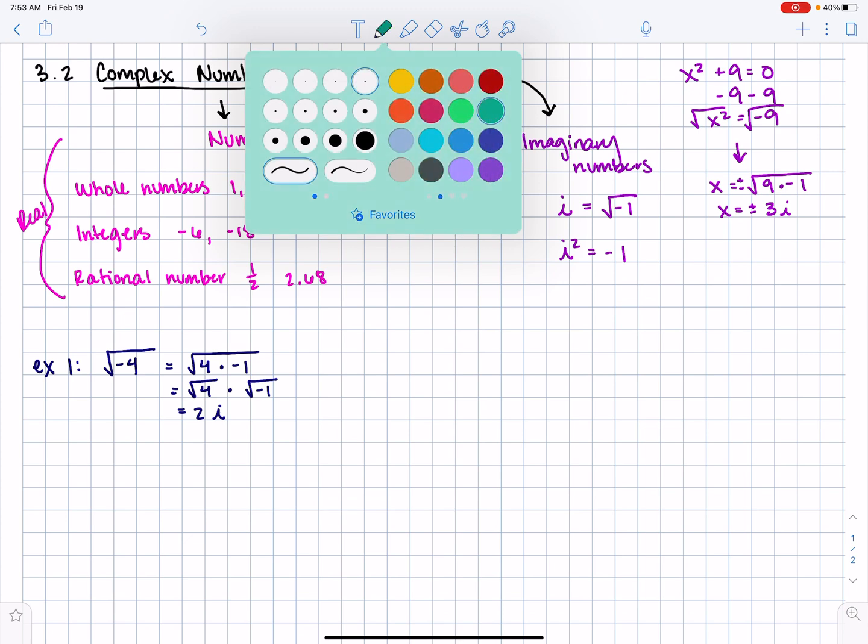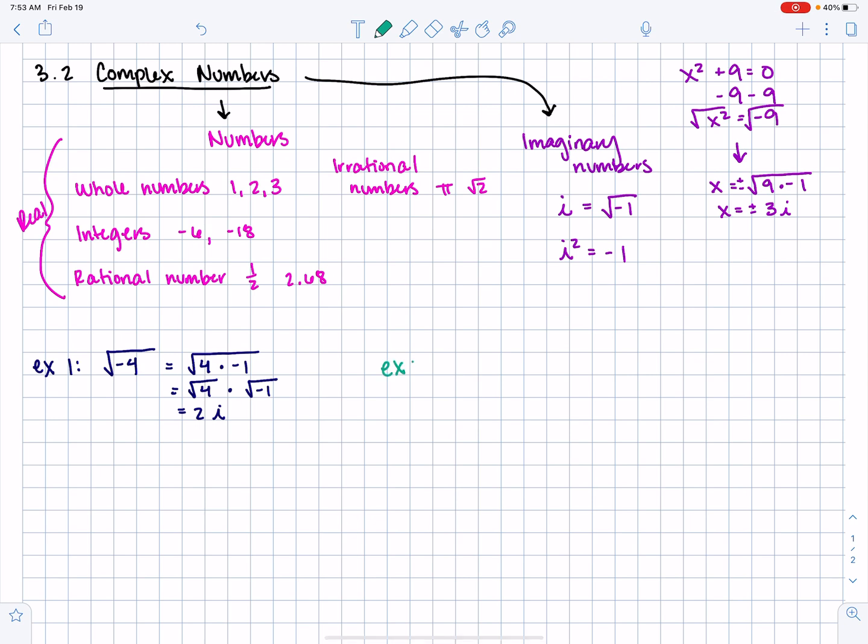Switching over to different colors. Example 2: let's try the square root of -56. I know that 56 can be broken up into 9 times 6, but it's also negative, so times -1. So this is the square root of 9 times the square root of 6 times the square root of -1.